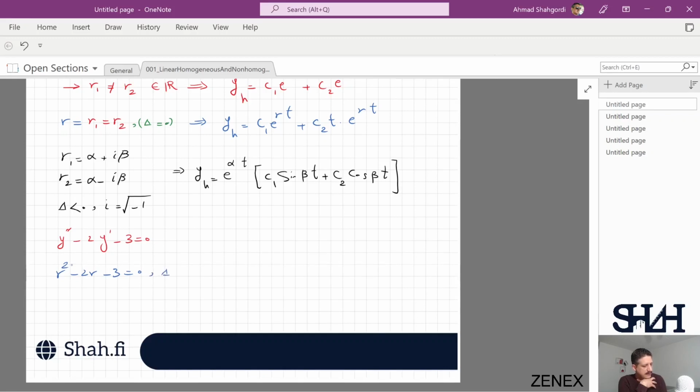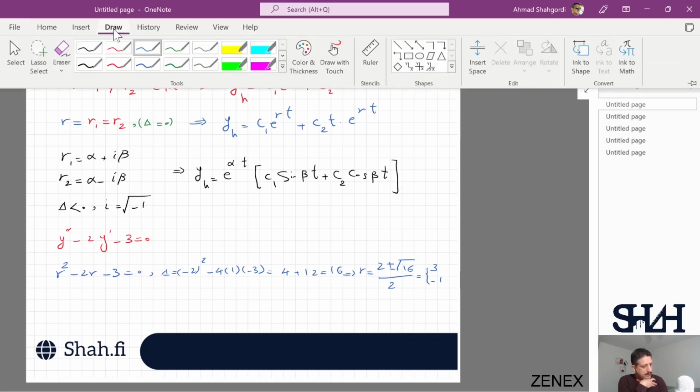Then delta will be minus 2 to the power of 2 minus 4 times 1 times minus 3, which is 4 plus 12, which is 16. As a result, r will be 2 plus or minus the square root of 16, divided by 2. So 2 plus 4 is 6, divided by 2 is 3, and 2 minus 4 is minus 2, so it will be minus 1.